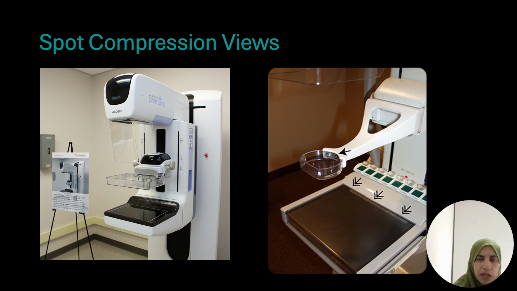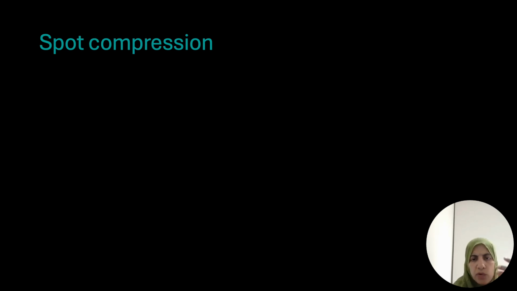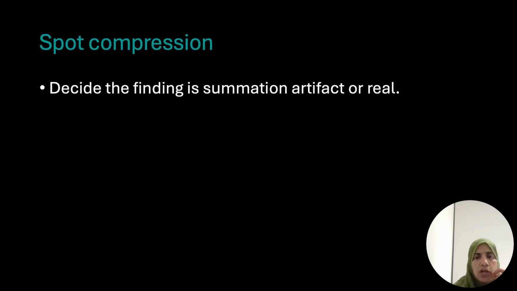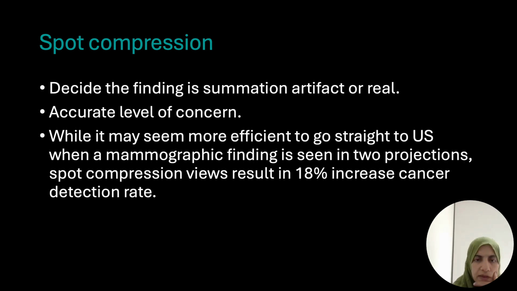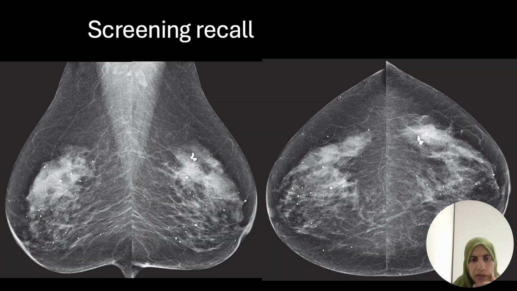So most of the time, as a diagnostic workup for patients who are recalled, we get spot compression views, using a smaller paddle to get a closer picture. In a lot of cases there is summation artifact that we can, with the spot compression, make sure is nothing. And whenever the abnormality is seen in two views, most of the time we go for ultrasound anyway.